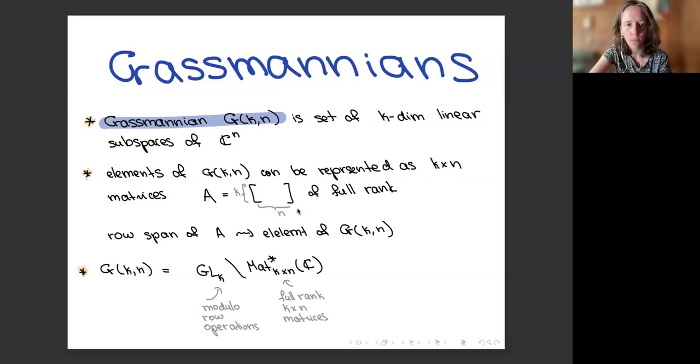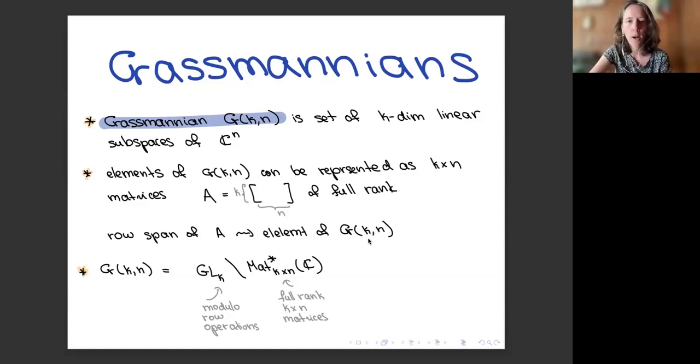If I take the row span, the vector space generated by the rows, I get a k-dimensional subspace of C^n, which is an element of the Grassmannian. I take the matrix of full rank so that the row span has dimension k.